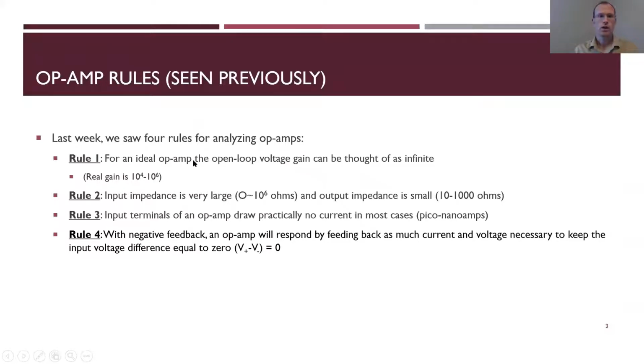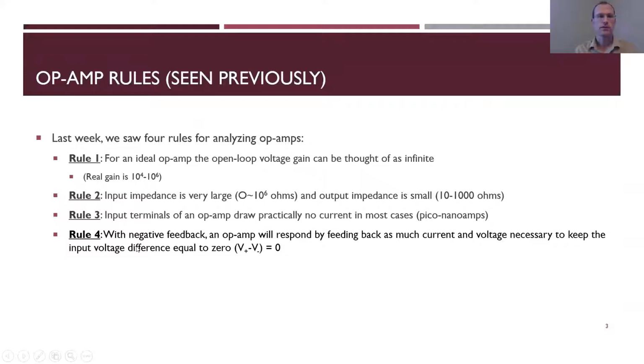Rule 1: for any ideal op amp, the open loop voltage gain is infinite; for practical purposes, 10,000 to a million. Input impedance is very large, output impedance is very small. That leads to rule 3, where the input terminals of an op amp have basically no current, so we will assume ideal op amps where there's 0 current going into either plus or minus input.